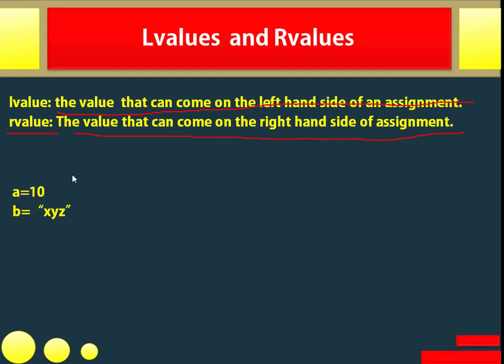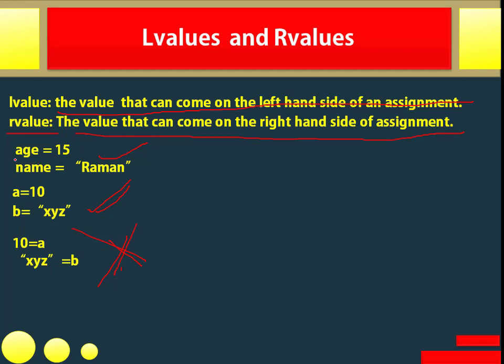You can see here a is equal to 10, b is equal to x, y, z. We cannot write 10 is equal to a, or x, y, z is equal to b. This is wrong, and this one is right. Or you can even write age is equal to 15, name is equal to Raman. This one is also right, but this one is wrong.